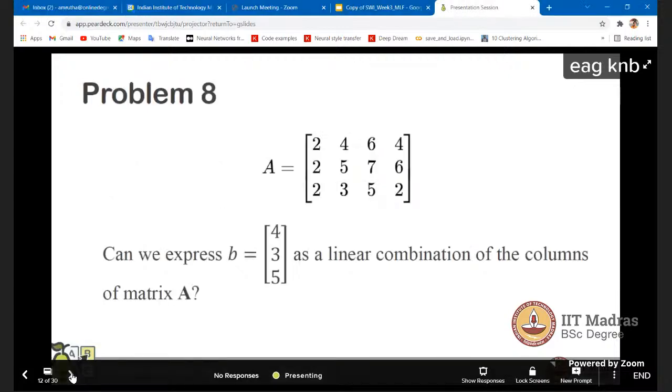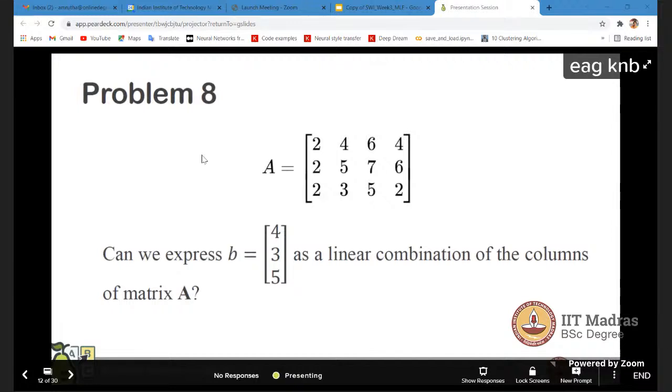So let's move on to the next question. In this problem, you are given a matrix A. Can we express a vector B, which is equal to 4, 3, 5, as a linear combination of the columns of matrix A? We have to give a yes or no for this question.